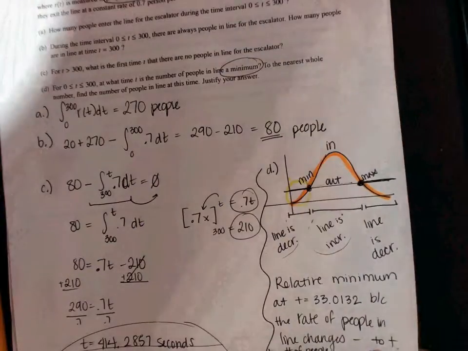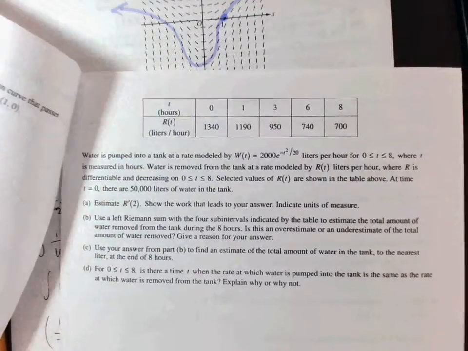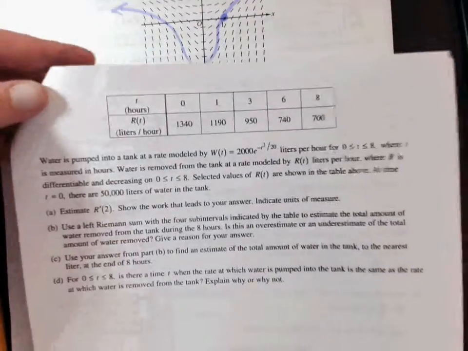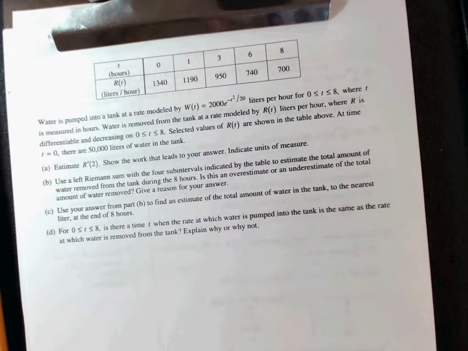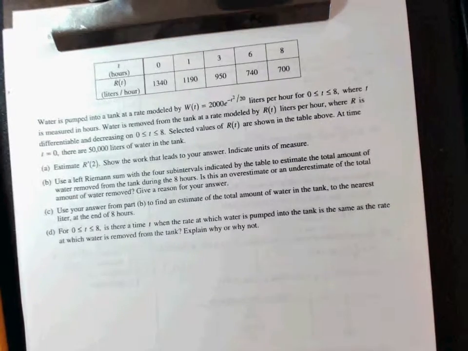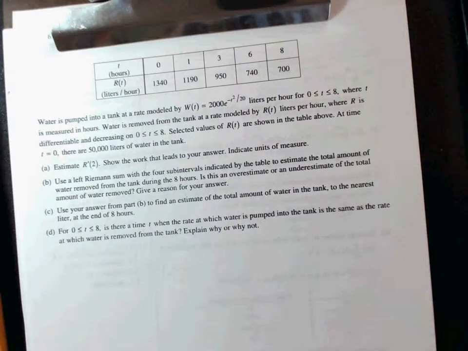Okay? All right, there's one more calculator question that we're going to do, and it's this one. Okay, so I'm going to give you a couple minutes to try it.